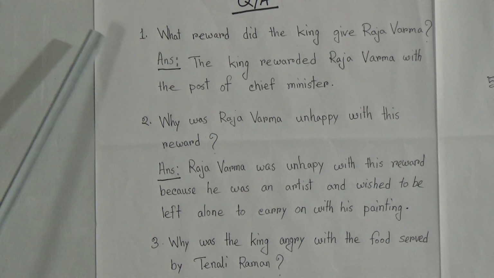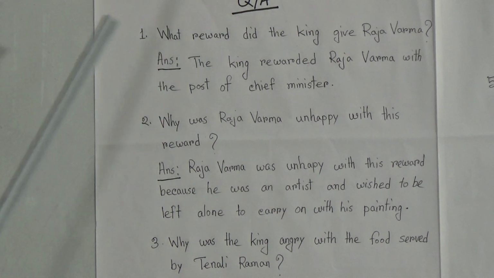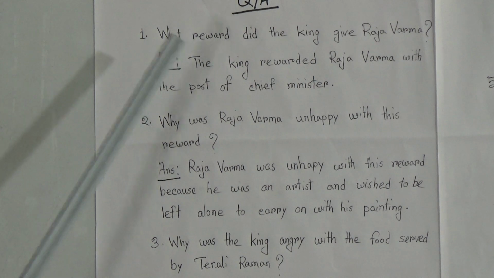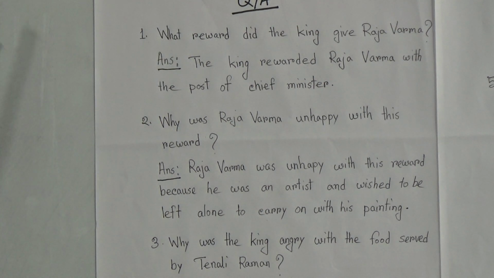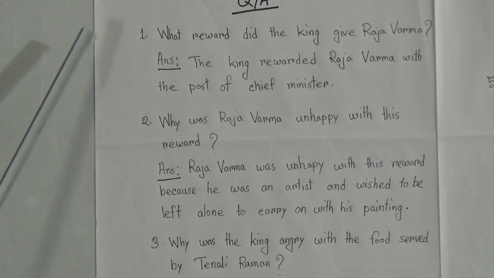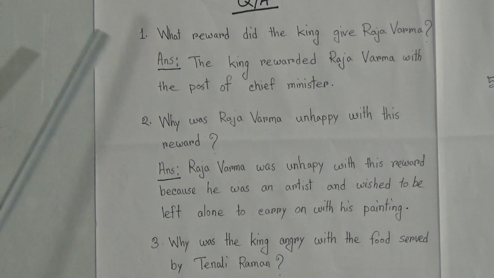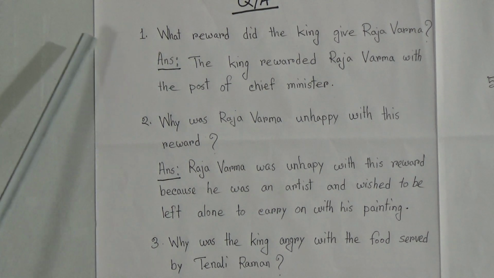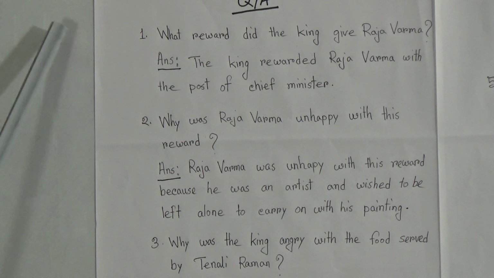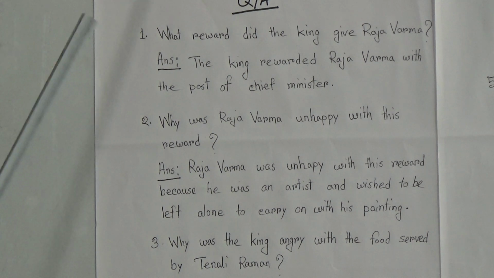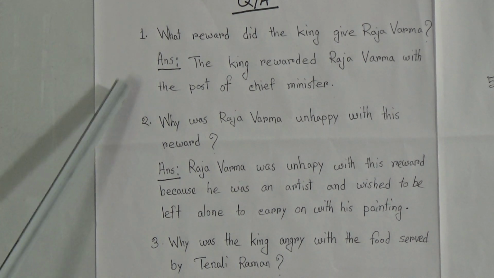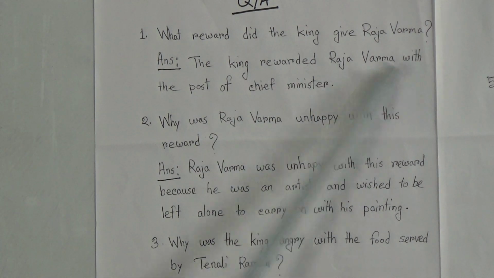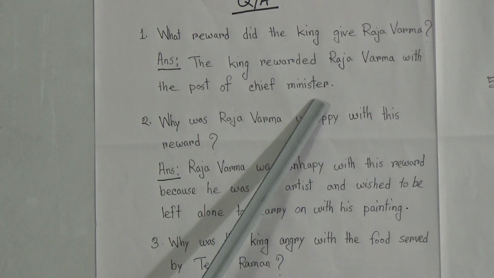In the story, Raja Varma was a painter of King Krishna Deva Raya's court, and the painter was really talented, and the king was very pleased with him, and that's why he wanted to give him a reward. So what reward did the king give him? Let's see. The answer is, the king rewarded Raja Varma with the post of chief minister.